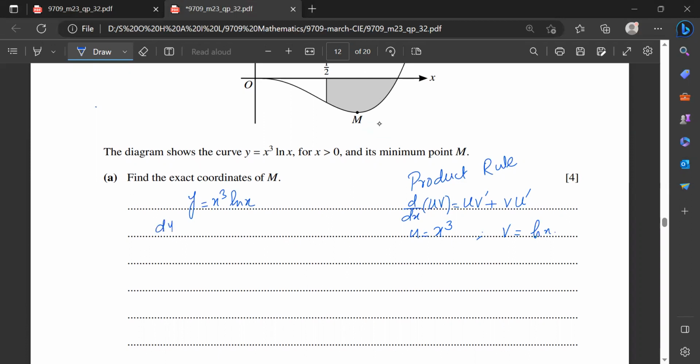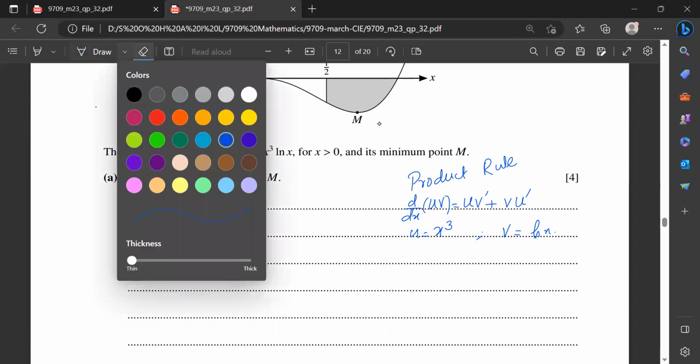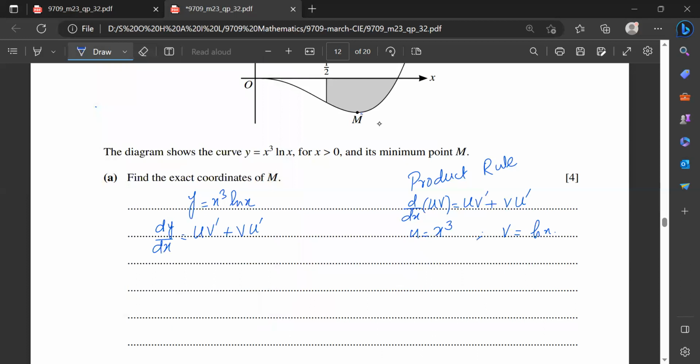So here I can write dy by dx is equal to uv dash plus vu dash. So what is u dash, the differentiation of x cubed? Sorry, let u equal x cubed and v equal natural log of x.